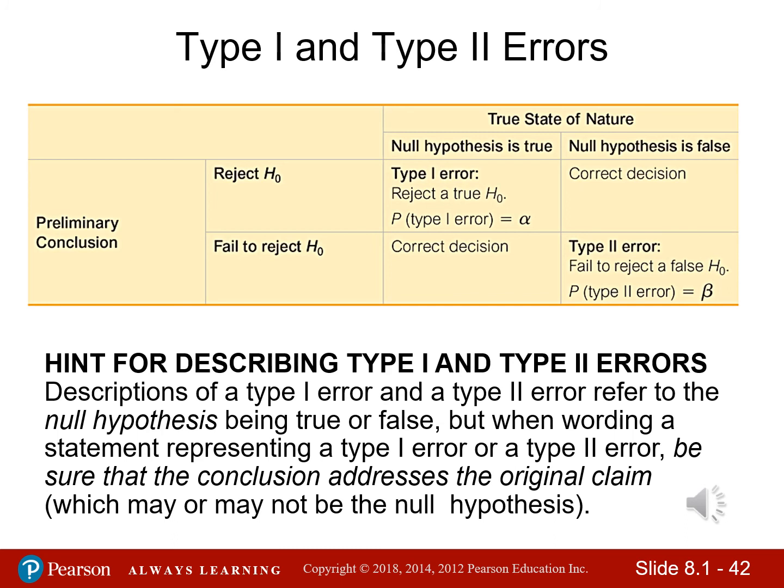This scenario would be the correct decision. Third, we fail to reject the null hypothesis, and in reality, the null hypothesis is true. This scenario would also be a correct decision. And fourth, we fail to reject the null hypothesis, but in reality, the null hypothesis is false. This scenario would be a type 2 error.